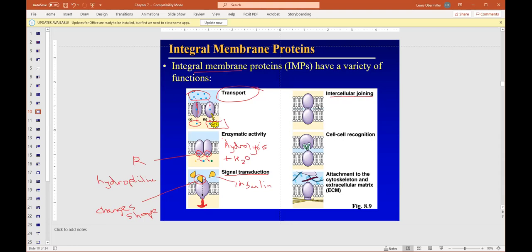These integral proteins can join cells together. So if you look at a blood vessel, you have cells that are bound together like this. And so that keeps your blood inside. So this is a blood vessel.